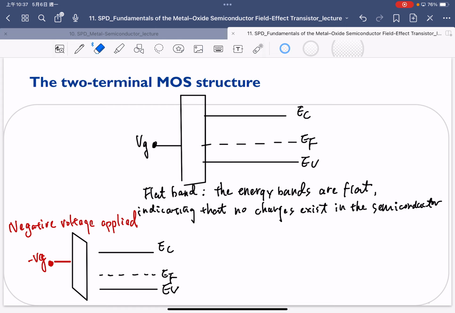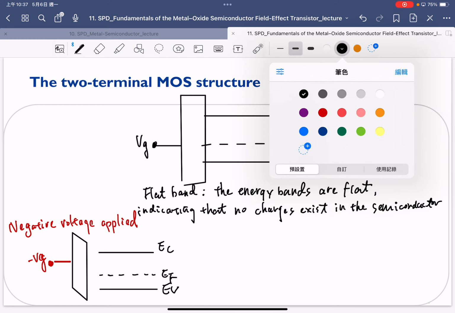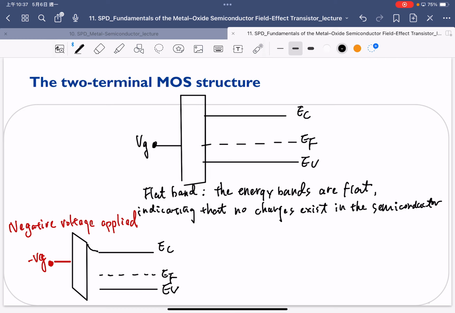And therefore, because the band is bending here, we can expect the band to bend as well at the interface.